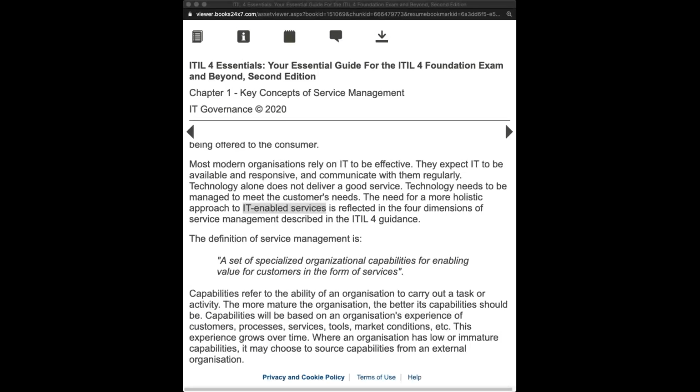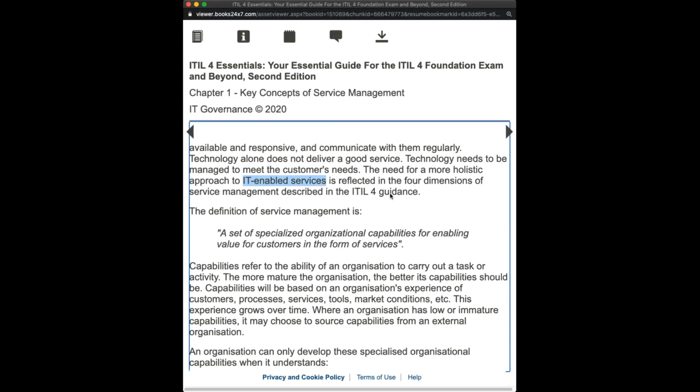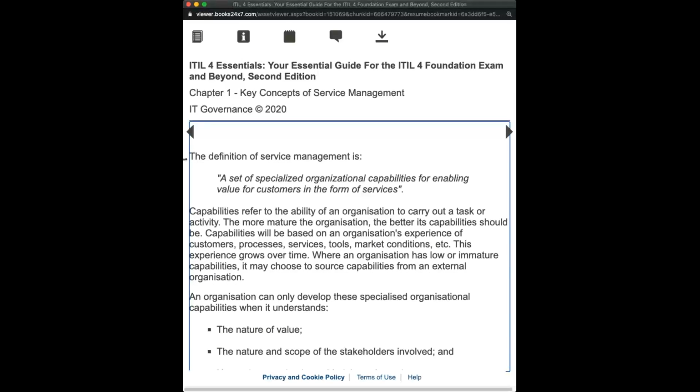So that's what we mean by you need to have a higher overview approach, a big approach to it, instead of just being specific to one thing, right? Okay. So the four dimensions, we'll be mentioning that in the later lessons.